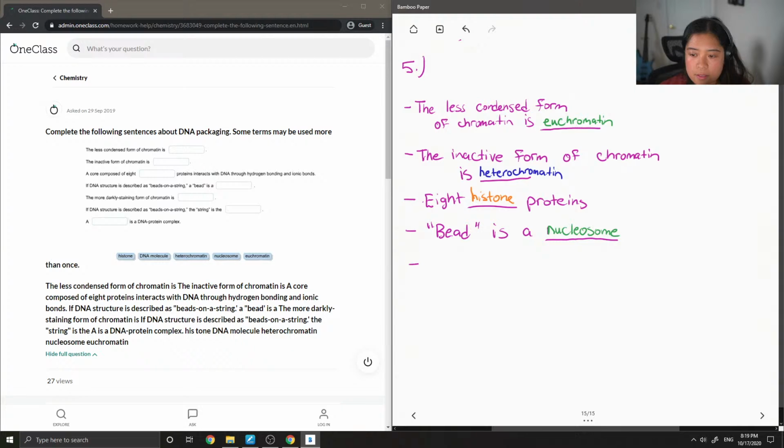Okay, so on to the next sentence. The more darkly staining form of chromatin is blank.